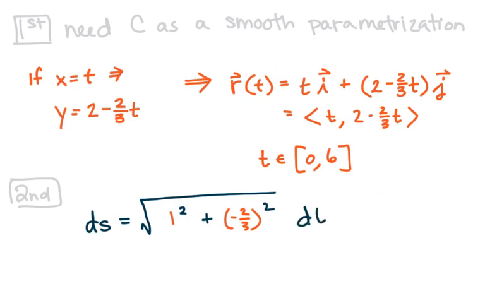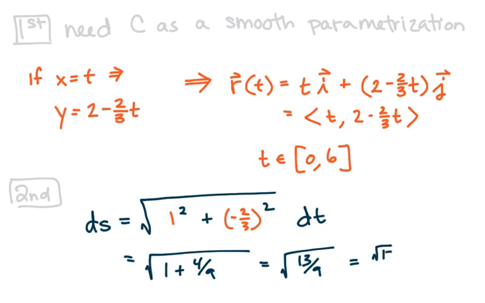And then I have my dt at the end. So this is the square root of 1 plus 4/9, or the square root of 13/9, or root 13 over 3. So this is my extra factor I'm going to put in when I calculate my line integral.